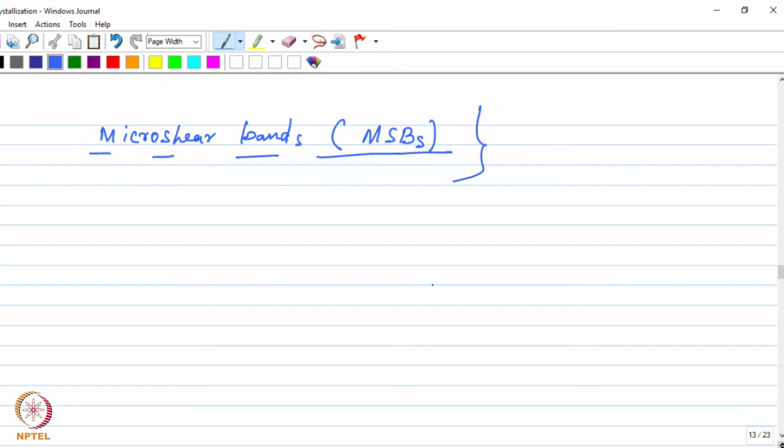So first, as we have seen before, the dislocation substructures will form through the DRB process.